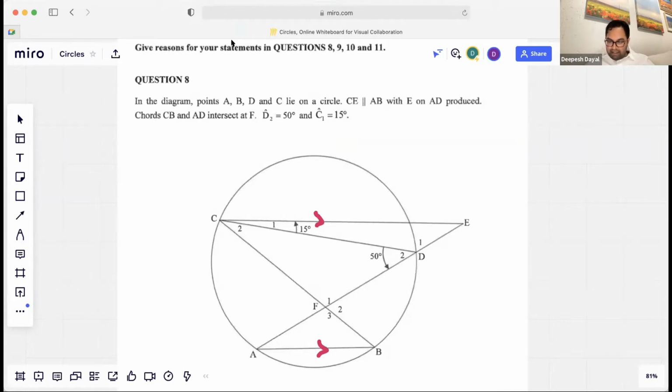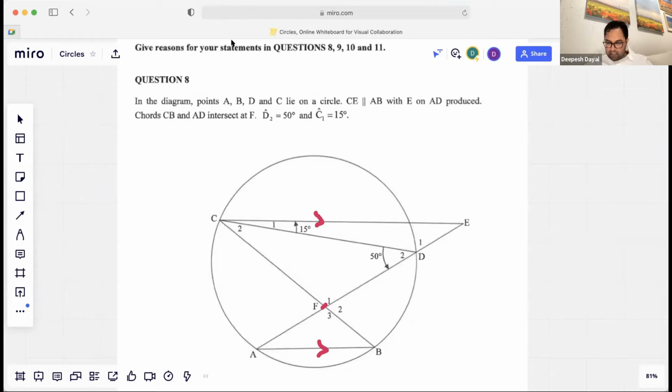Chords CB and AD intersect at F here. D2 equals 50 and C1 equals 15. Great. Okay.